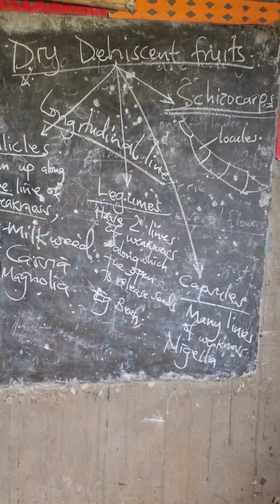Zahala, have I answered you? Please text. They have vertical lines of weakness. Zahala. Respond.